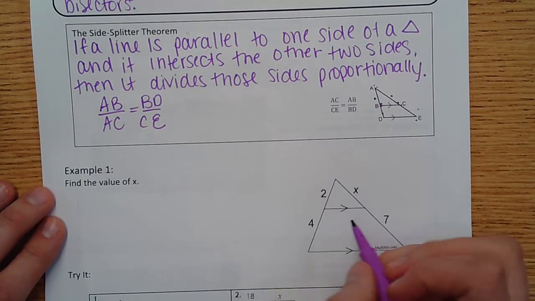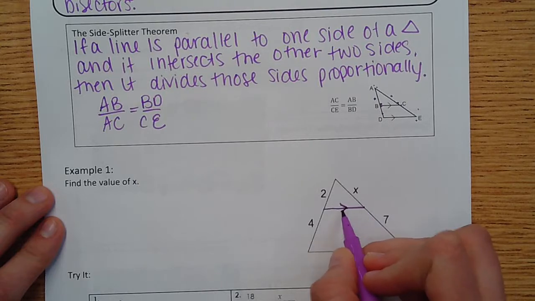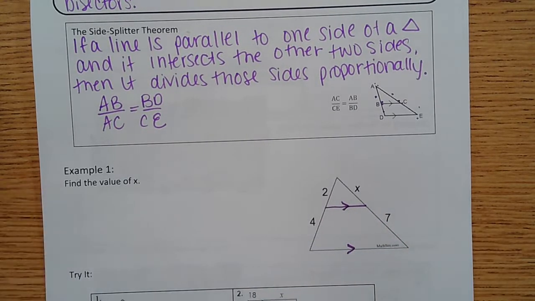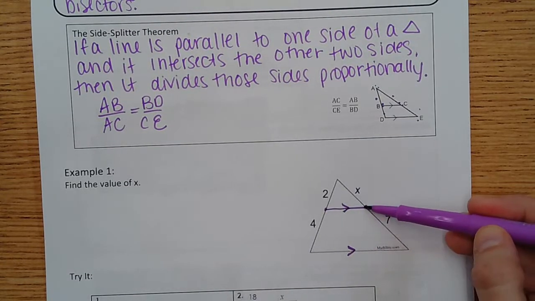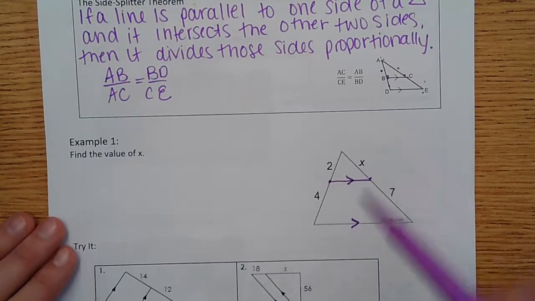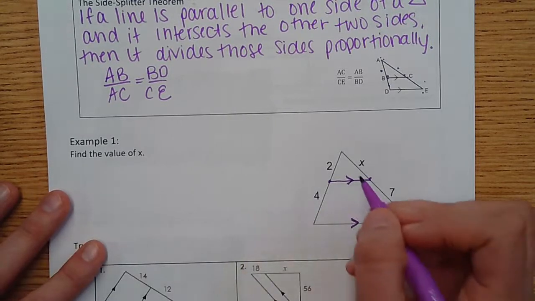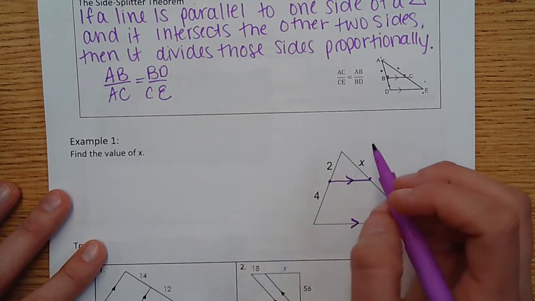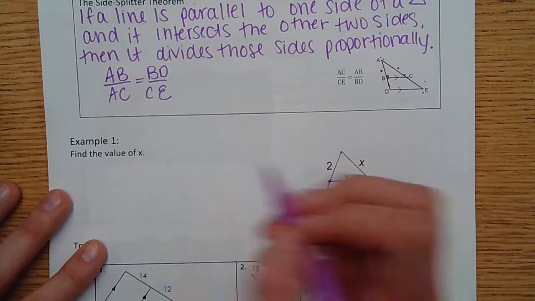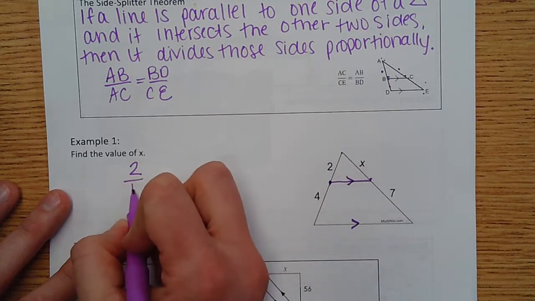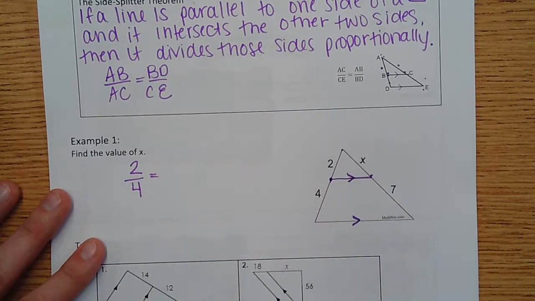Find the value of X. We have this line parallel to this line, so it is creating an intersection here that will form a proportion. So I know that the ratio of 2 over the rest of this side length, 4, is equal to X over 7.